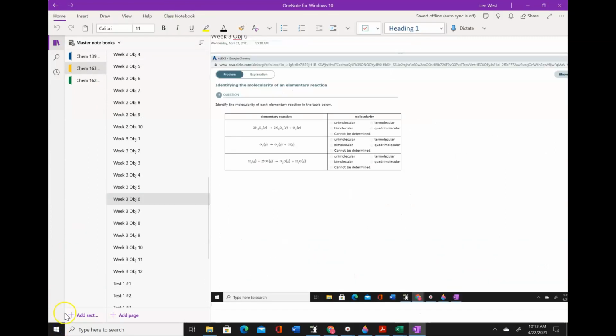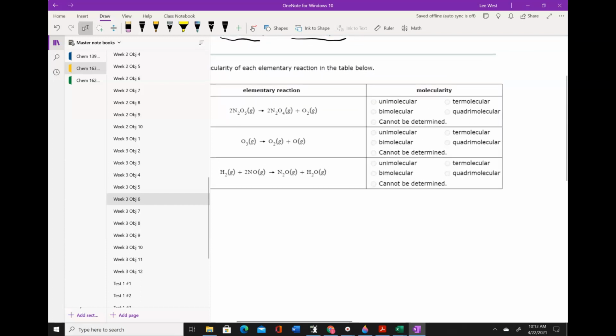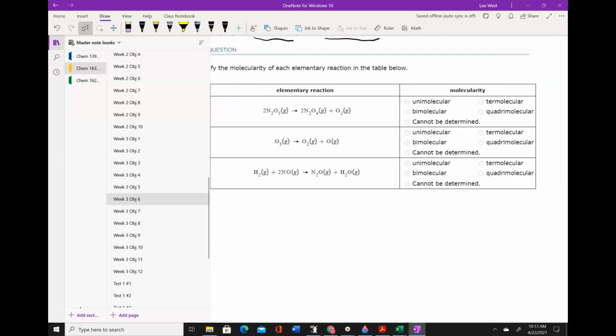Okay, so in this problem, we're asked to identify the molecularity of an elementary reaction. And that's pretty easy. All we have to do is add up how many moles of reactants are present in our elementary reaction, and then transfer that into the language of molecularity.